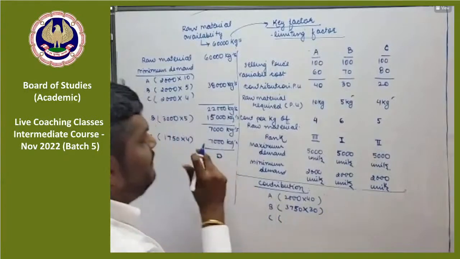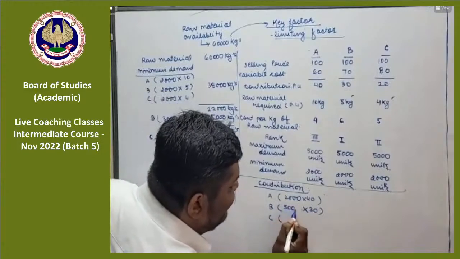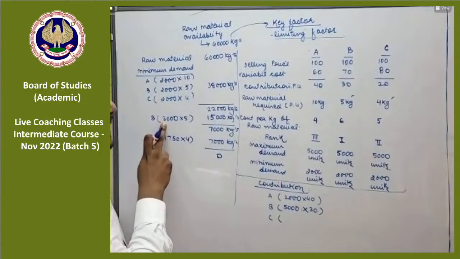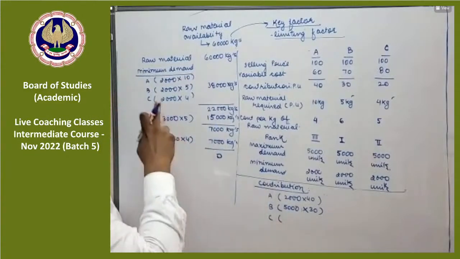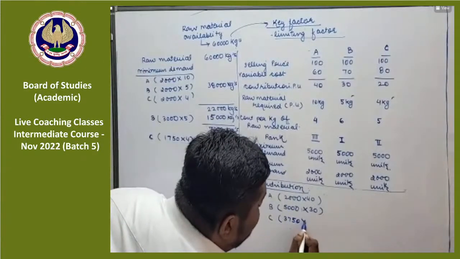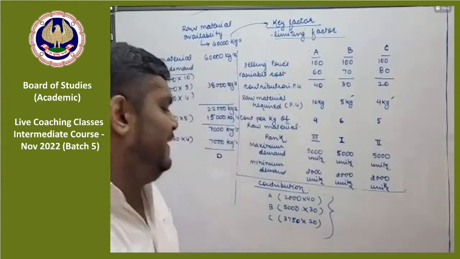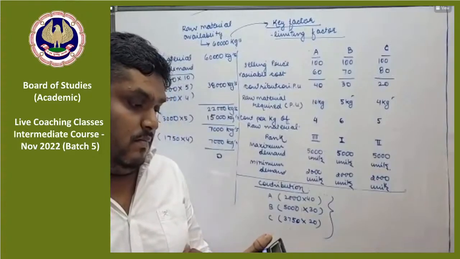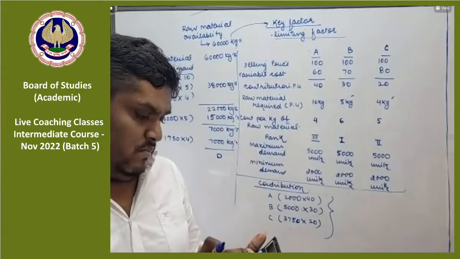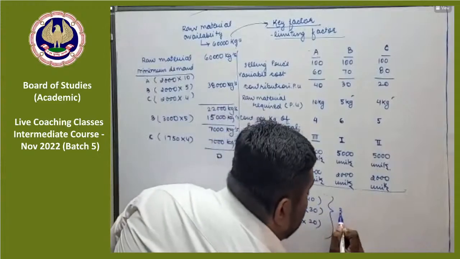And product C, we manufactured the entire 5,000 units, that is 2,000 minimum production and 3,000 out of the balance raw material. But product B, 2,000 plus 1,750, that is 3,750 units only we manufactured. So my total contribution will be 3,05,000.